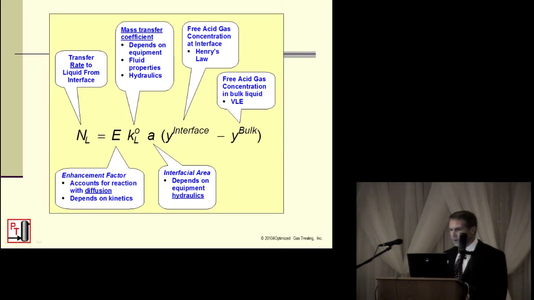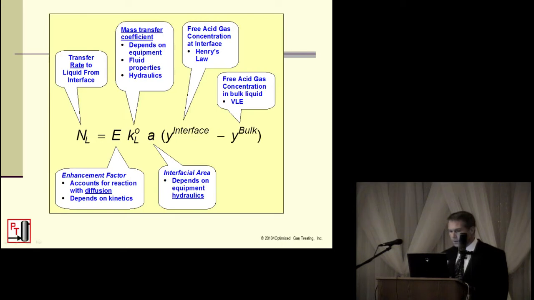So the science is really not that horrible when you get down to it. What's horrible is trying to tie it all together and sort out the data that you're receiving, because the experiments that we do to measure these coefficients, oftentimes all we can measure are the product of KL and A, or KGA is the common term that the mass transfer vendors like to throw out there.